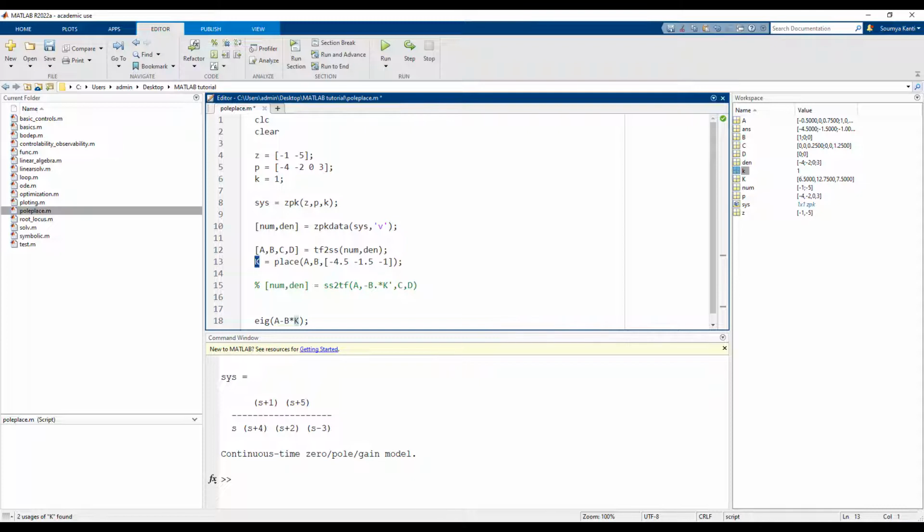So you give the A and B matrices, where A is a matrix and B is a vector, and you write where you want the poles to be.